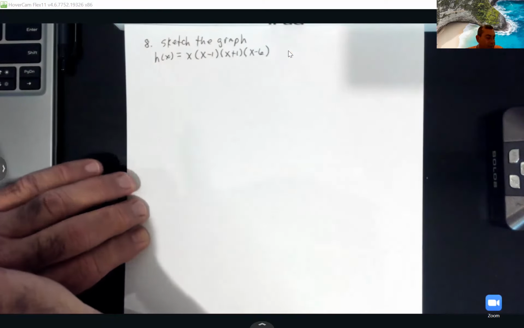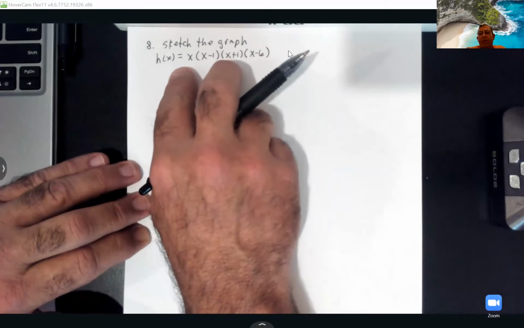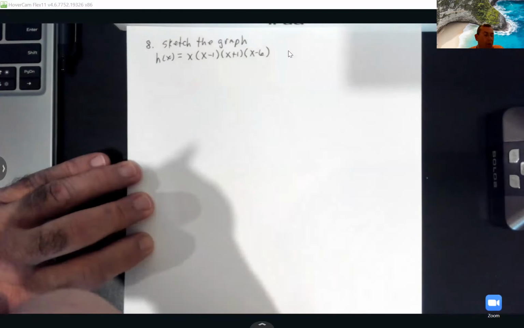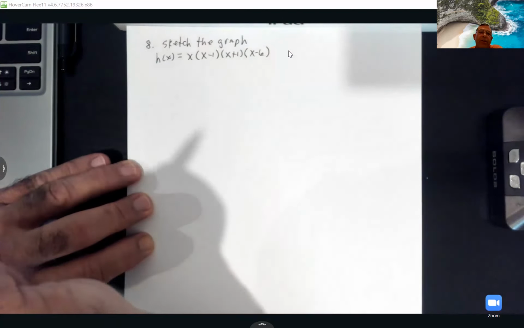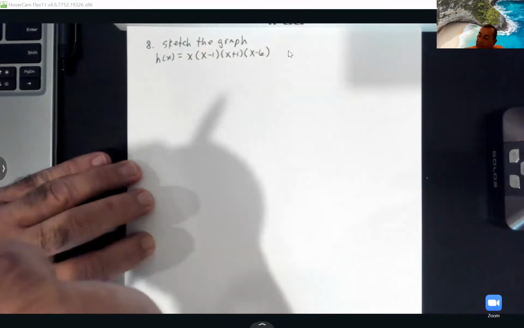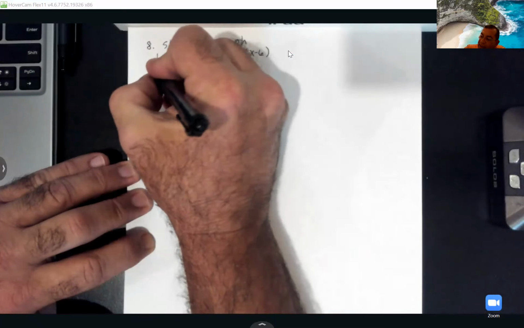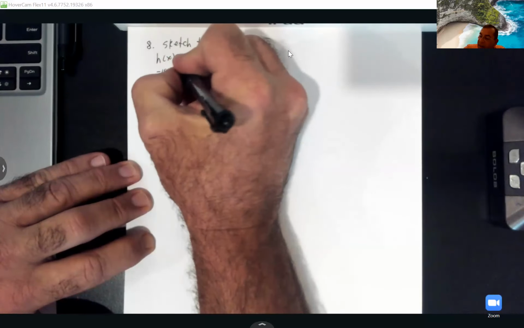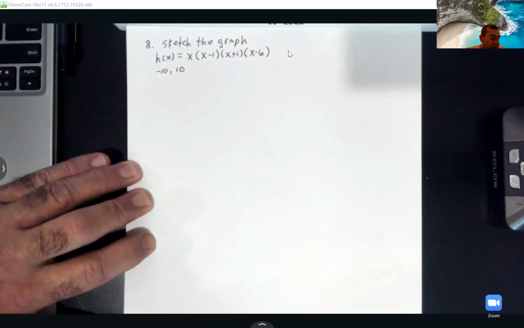Okay, so on these 8 and 9, you want to adjust your calculator to the window that matches these graphs. So I will say this one. On this one, the x's go from negative 10 to a positive 10 on the graph.